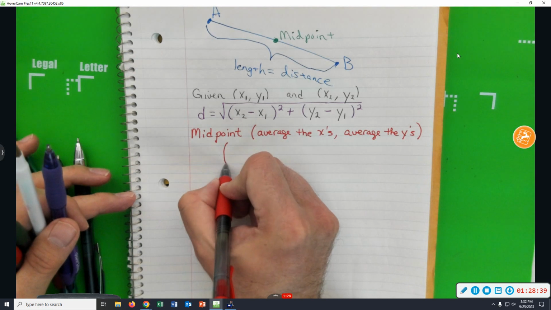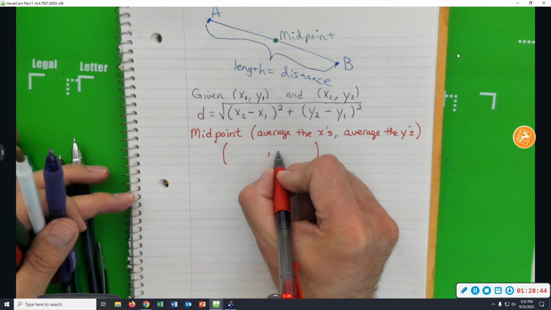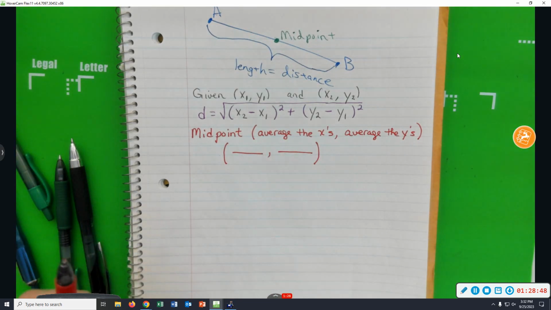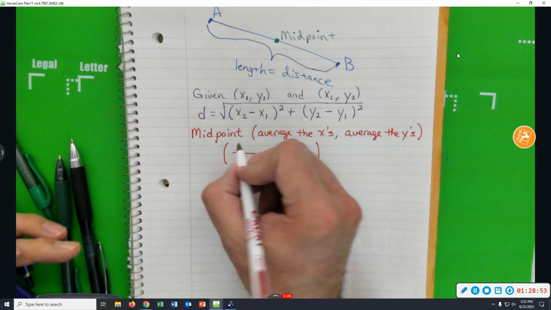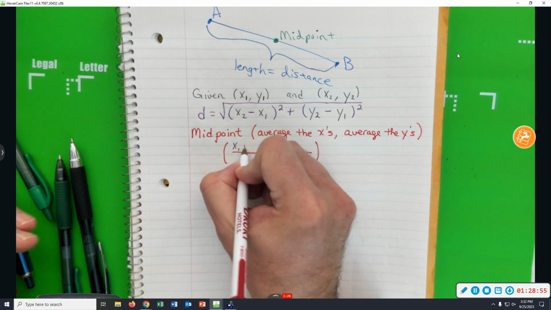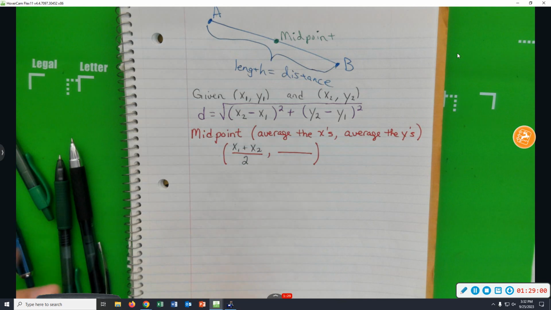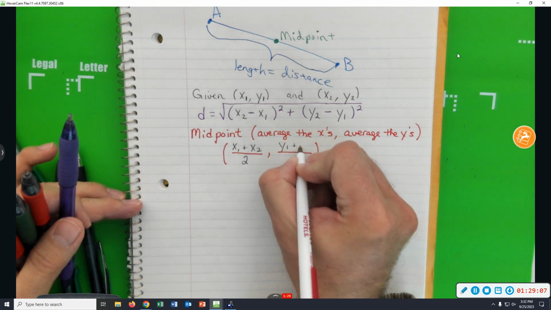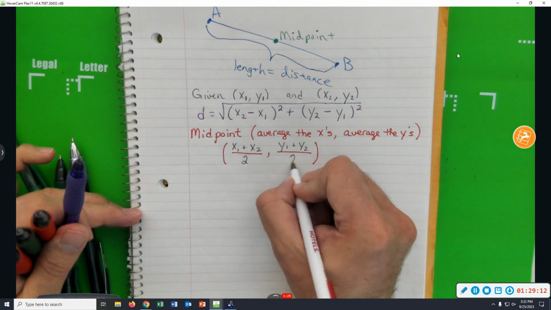We're going to write out a formula for how to average two numbers. To average the x's, you would add them together, so that'll be x1 plus x2, and then divide by 2. Isn't that how you average two numbers? And then the same thing with the y's. Average the y's by saying first y plus second y, all divided by 2.